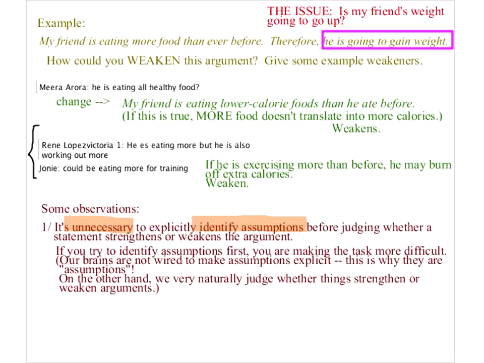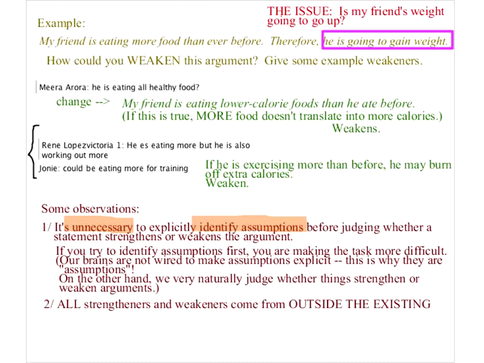You don't have to directly identify assumptions. Observation number 2 is that all strengtheners and weakeners come from outside the existing scope of what is given. Every single one of them, always, all the time. Does everybody understand why this is the case?